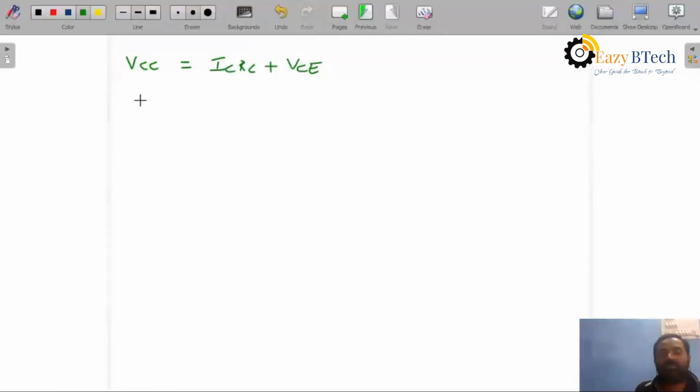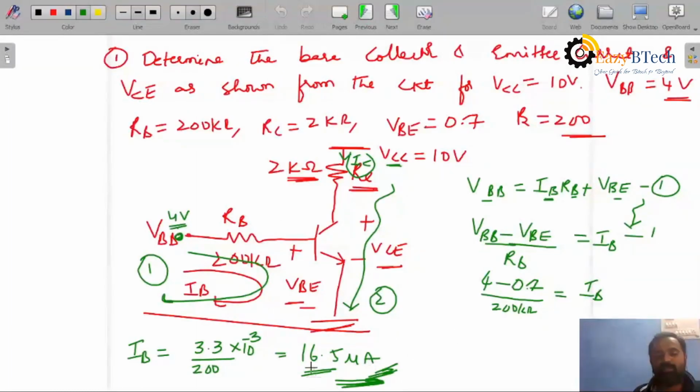Now from this we will write VCC minus IC RC is equal to VCE. VCC how much? 10 minus IC. Okay. How we will find IC? You know the IB value, you know the beta value, we will find easily.